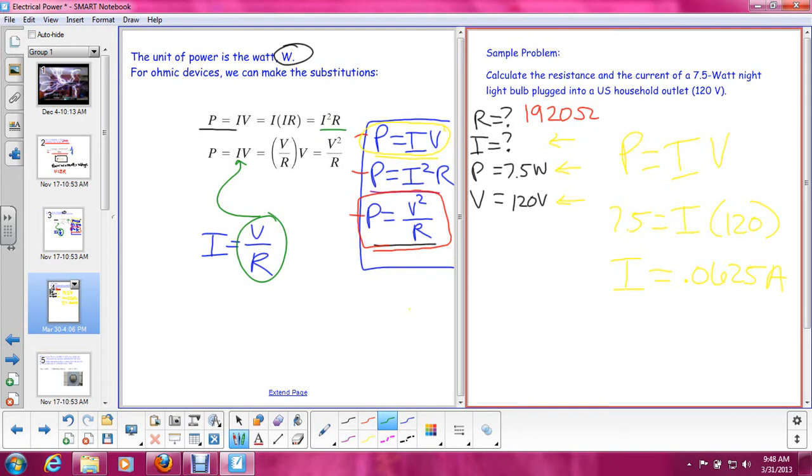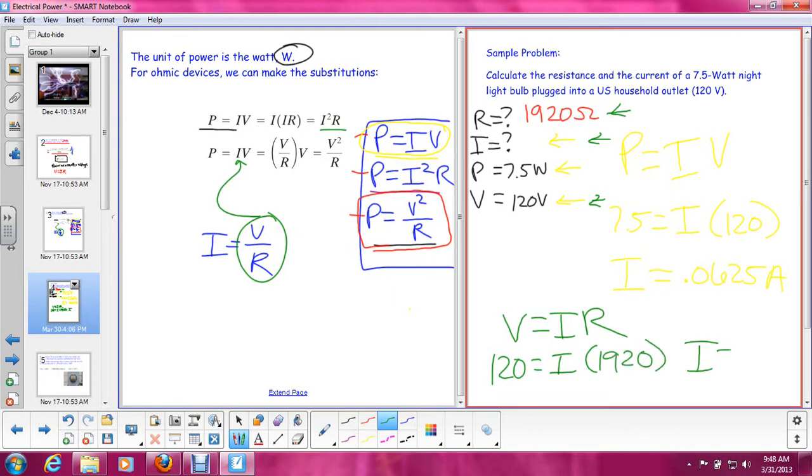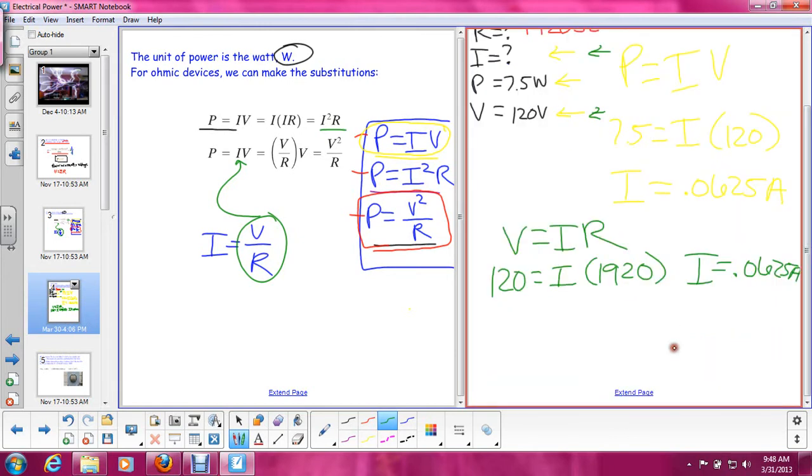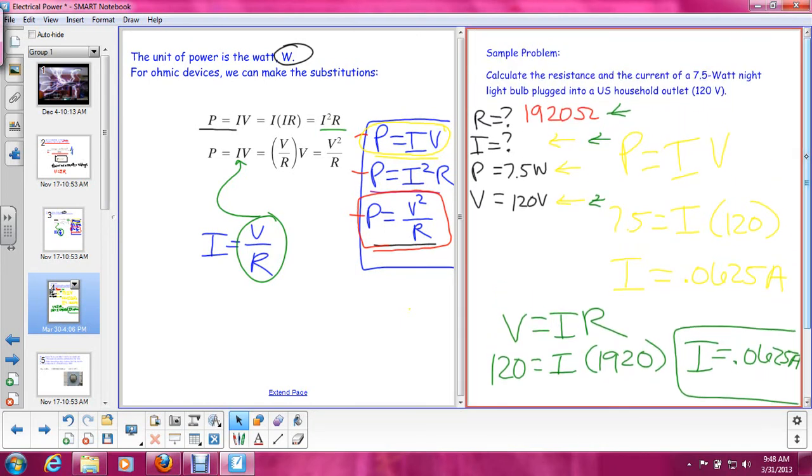So we know at this point V and R, and we can solve for I. So V equals IR. 120 equals I times 1920. I equals 0.0625 amps. Either way will give you the same answer. It's totally up to you which way you want to solve this problem.